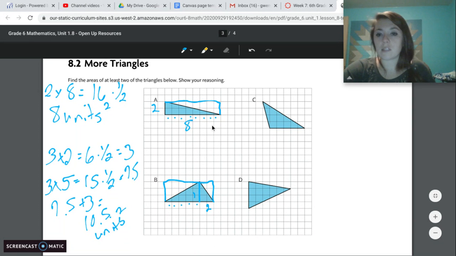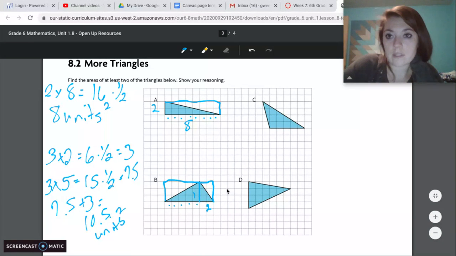Now, in both of these cases, we made other triangles to then simplify this down. What we should notice is these triangles are half of the parallelogram.